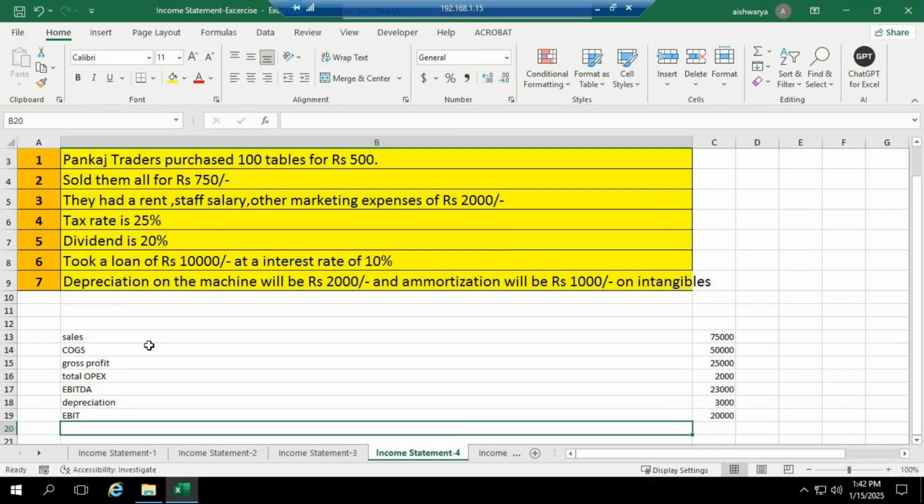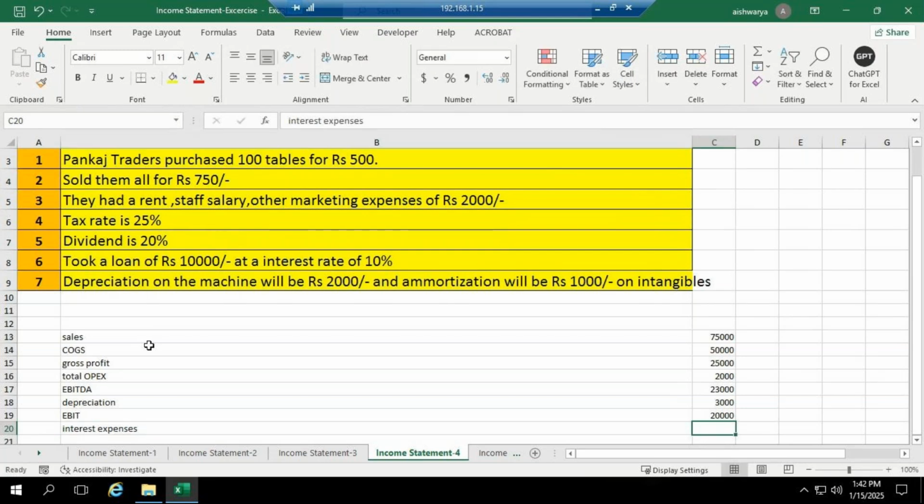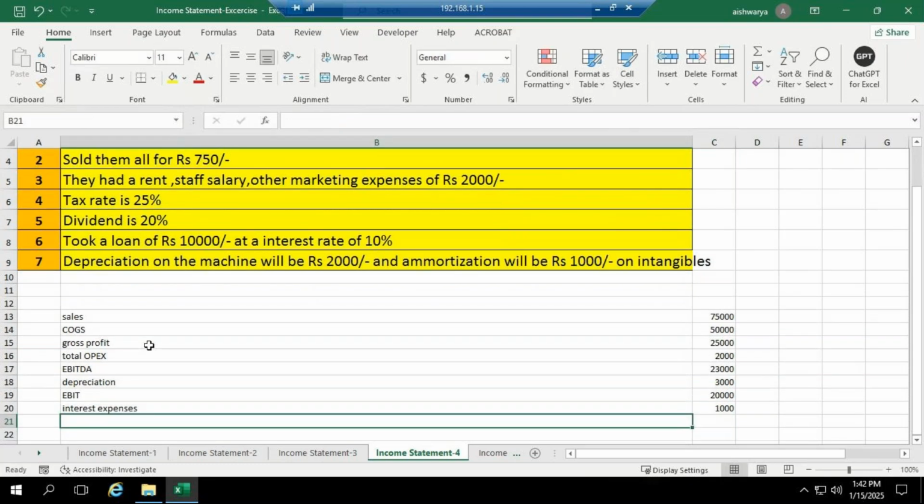So now again minus interest charges, interest expenses. So took a loan of rupees 10,000 at an interest rate of 10%. So that means it is equal to 10,000 into 10%. Now press enter. So 1,000 rupees is the interest.